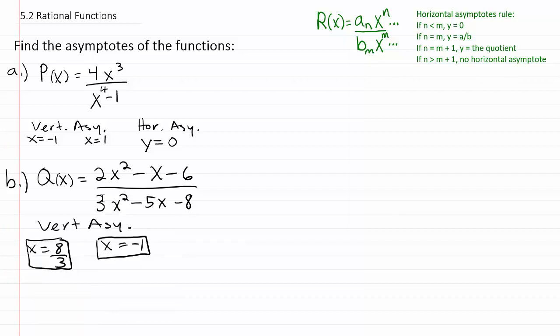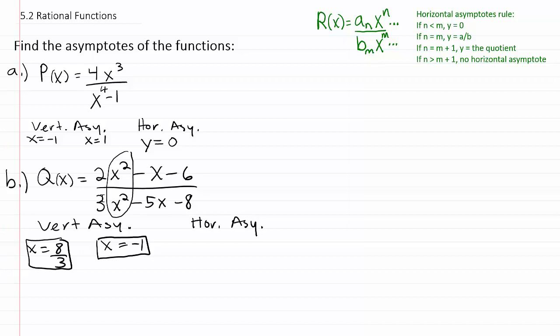Okay, let's try to find the horizontal asymptotes next. The horizontal asymptotes will follow the rule we have written here, which says that we have to look at the degrees of the polynomials that make up the numerator and the denominator of the rational function. Let's look at the degree for this pair of polynomials. It looks like both of them have degree 2, because the highest degree term in both polynomials is x squared.